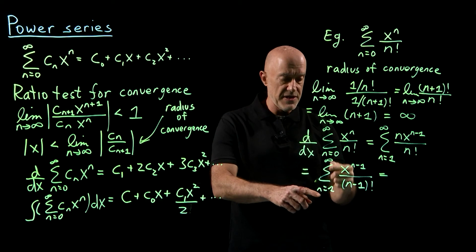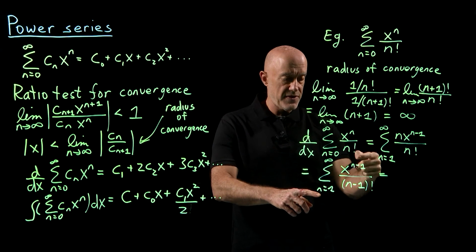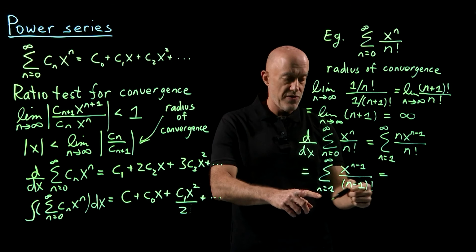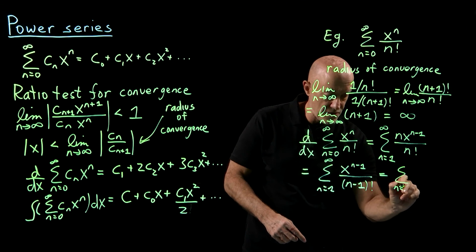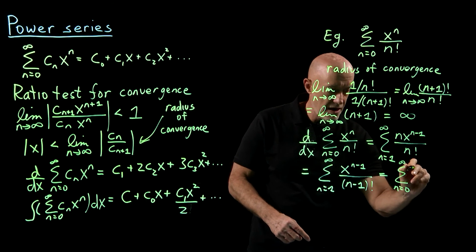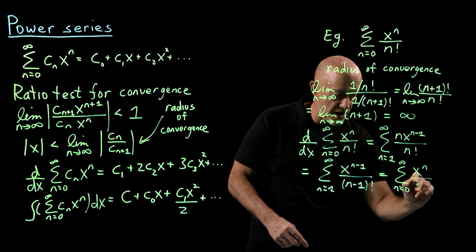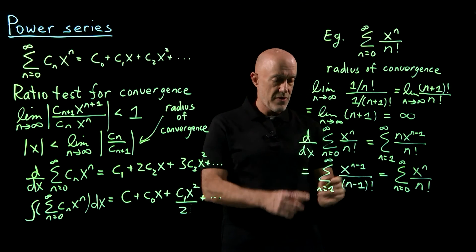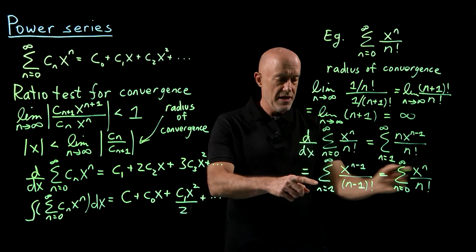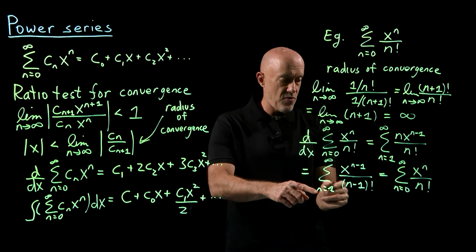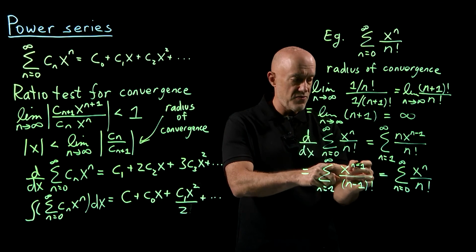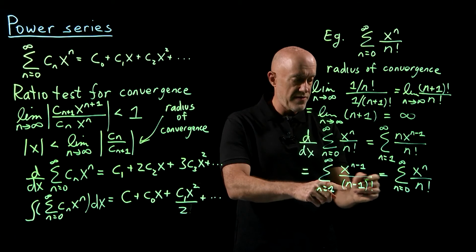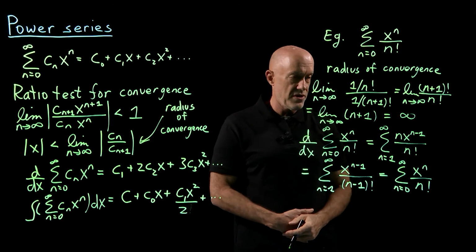So we can shift this index down and shift these exponents and the coefficient up 1. So this becomes a sum from n equals 0 to infinity of x to the n over n factorial. Right? So these are identical if we just, instead of starting at 1, we start at 0, and then we lift these up. n minus 1 becomes n, n minus 1 factorial becomes n factorial.